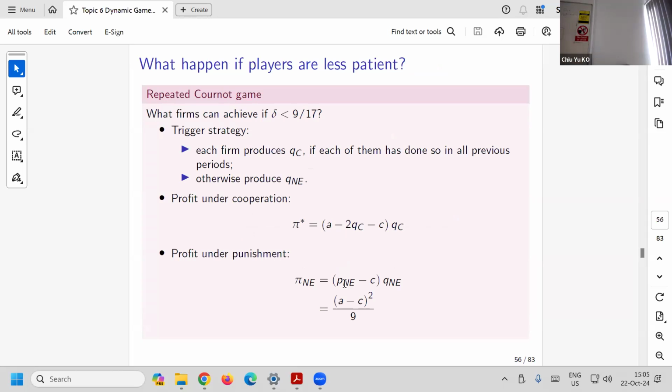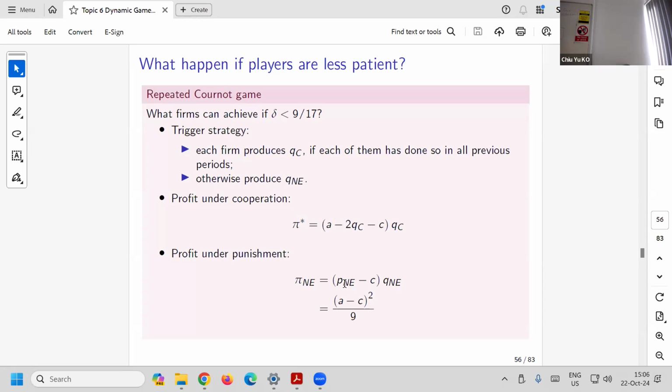Now, what happens if delta is less than 9/17? So then what can be done? Look at the economics first: why can't we sustain collusion when delta is low enough? Because people are very tempted to be a bad guy, because the short-term gain is so large compared to the punishment.